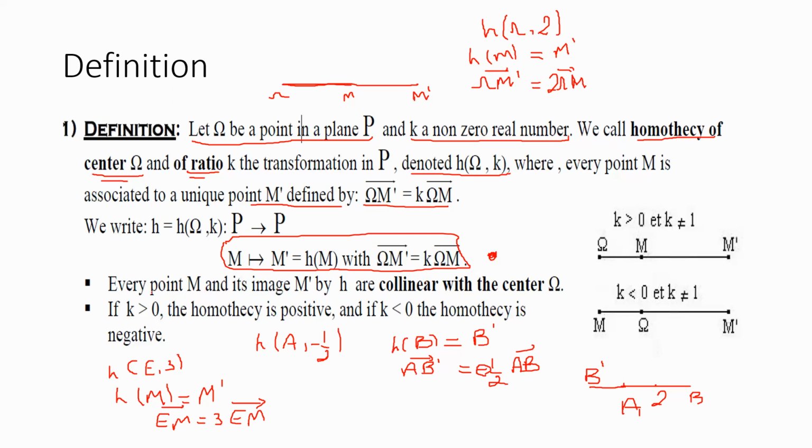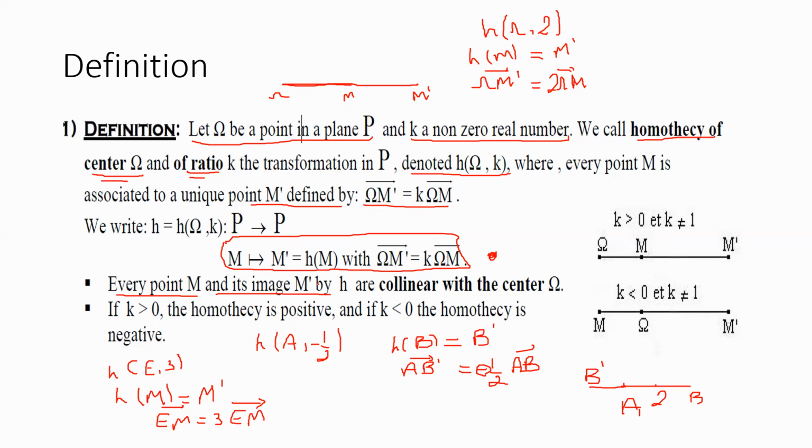Okay, the drawing is done. Every point M and its image M prime are collinear with the center. Omega M prime equals K omega M means they are collinear.